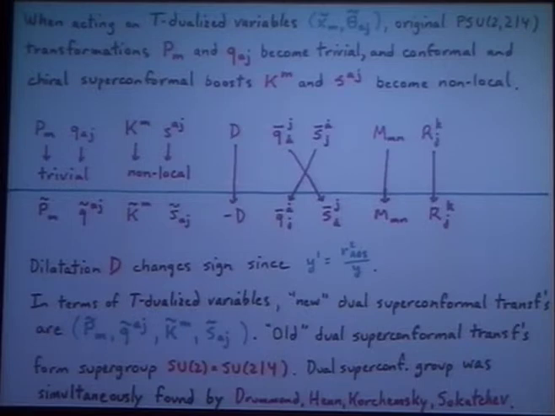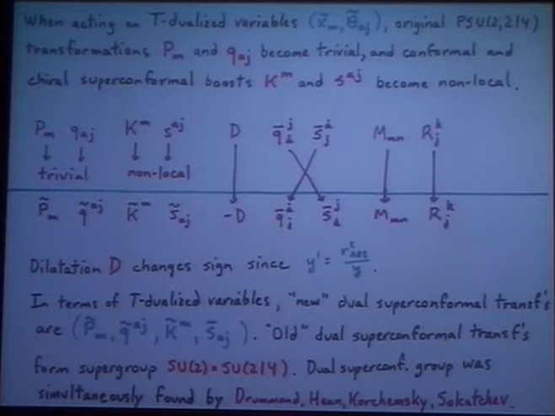So it turns out the dilatation transformation just goes to minus the dilatation. That's just because y prime is proportional to 1 over y. The anti-chiral superconformal and supersymmetry transformations change roles, but these transformations here are new.